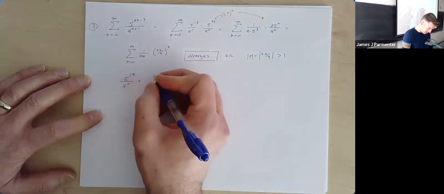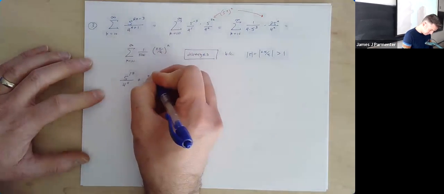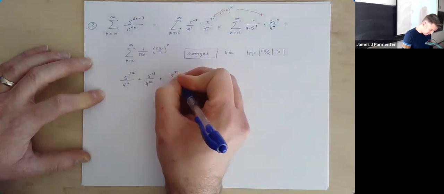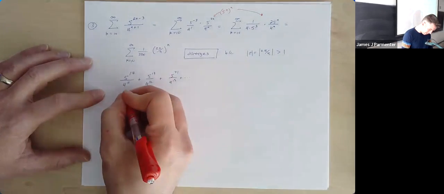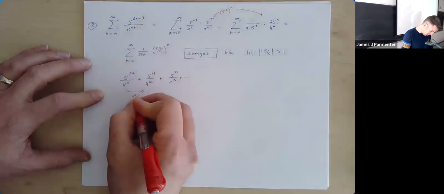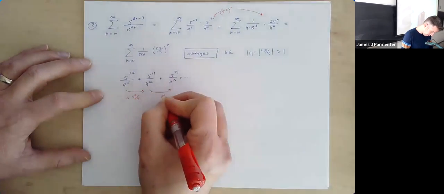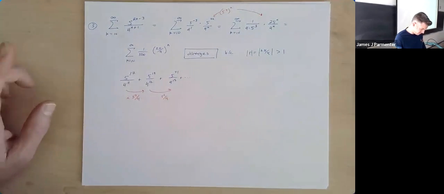And then my next term, plugging in 11, I'm getting 22 minus 3, which is 19 over 4 to the 12. And then my next term is 5 to the 21 over 4 to the 13th. And then you can see, every time I'm multiplying by 5 squared over 4. So my ratio is definitely bigger than 1.